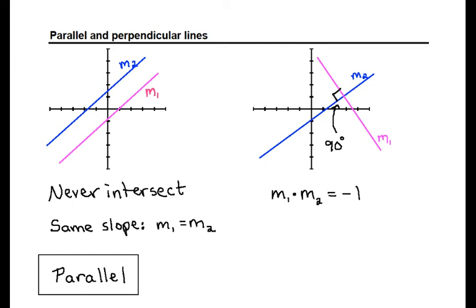But if we were to solve that for M2, that would look like this. M2 is equal to -1 over M1, which we can then describe in words. And describing this in words, I think, is the easiest way to understand it. This tells us that to get from one slope to a perpendicular slope, we have to change the sign. It has the opposite sign.